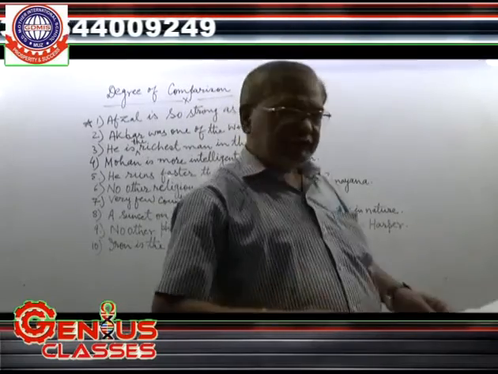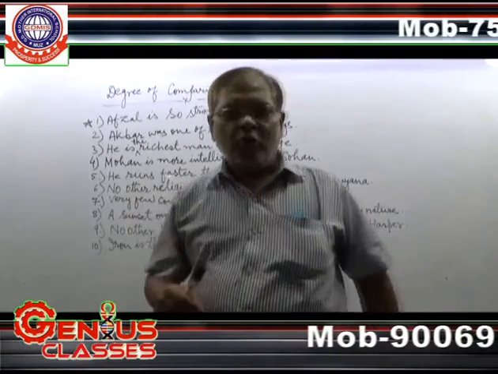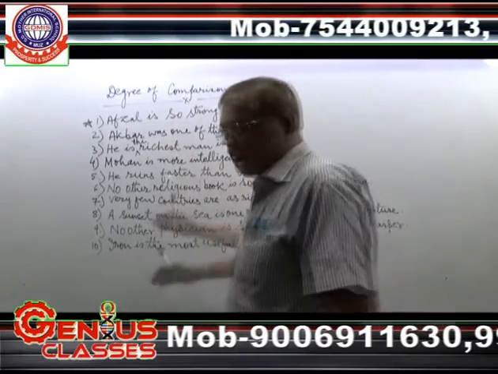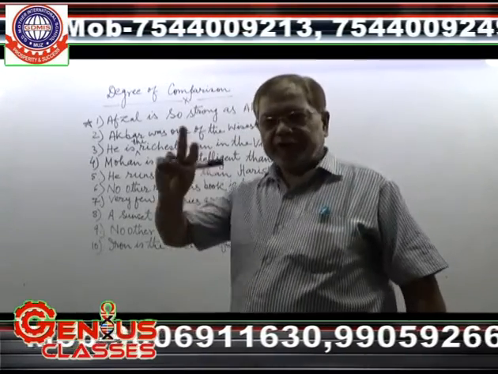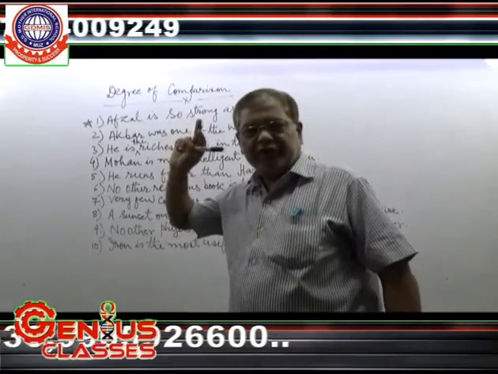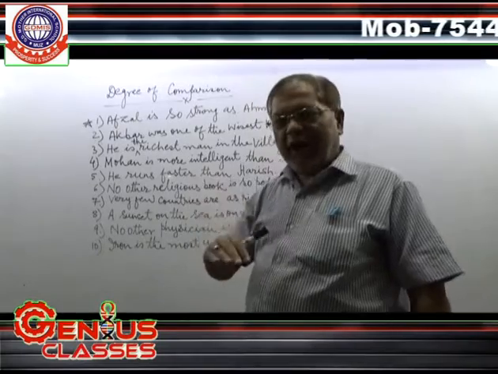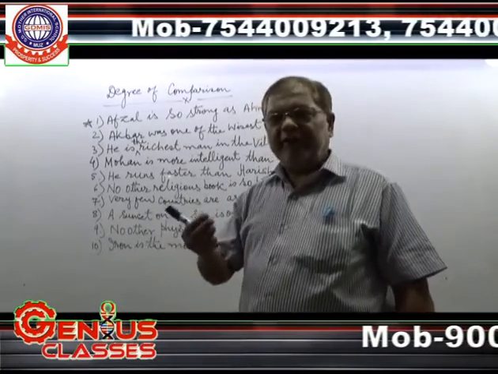So these questions I have given to you for your home practice, as a homework assignment. There are two kinds of sentences. The first kind, where all sentences were given in superlative degree, and you have to change each into comparative and positive.